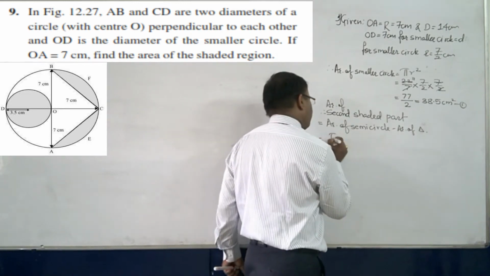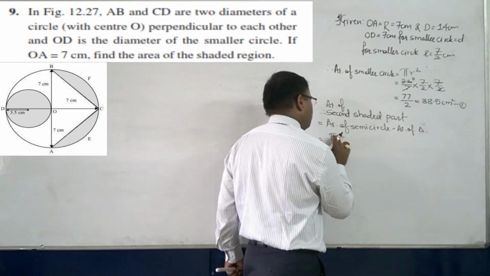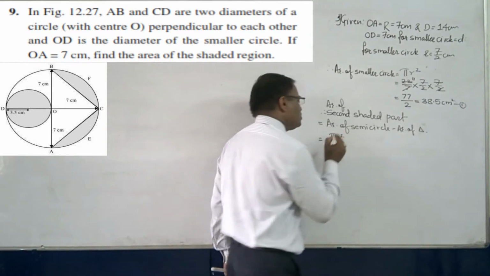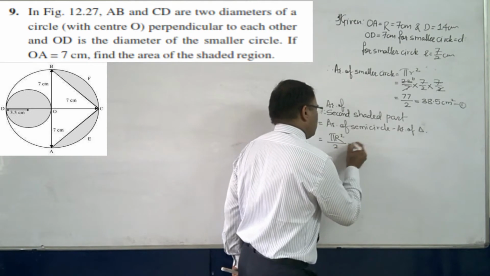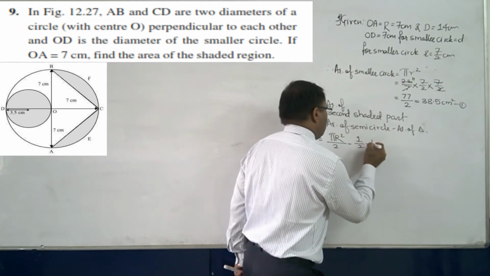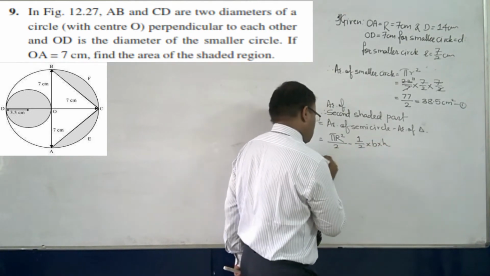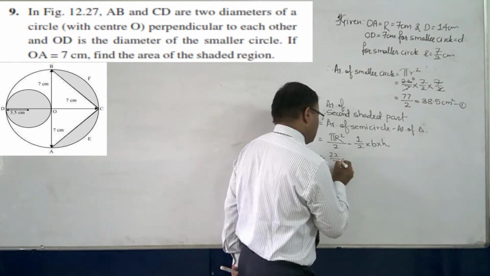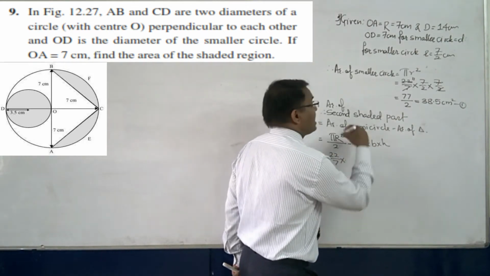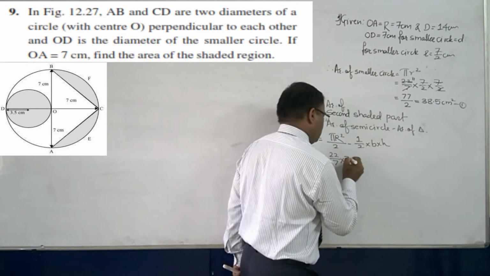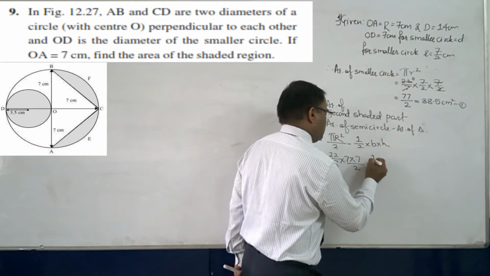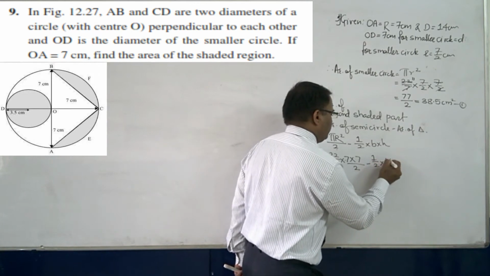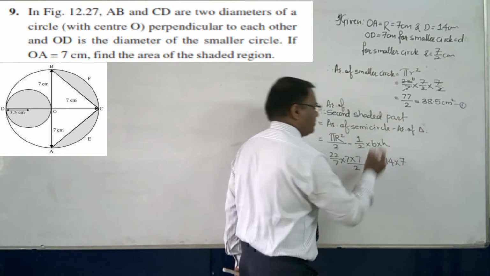So first pi r square. Now here we are using the bigger circle, so we are using capital R, pi R square divided by 2, minus 1 by 2 into base into height. Now 22 by 7, then R is equal to 7 into 7, and then this 2 as it is, minus 1 by 2 into 14 into 7.